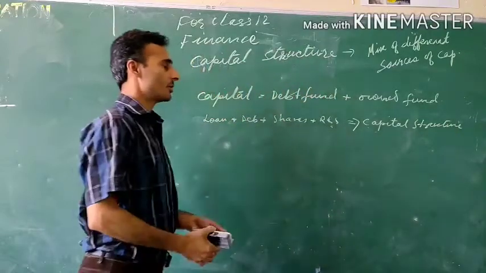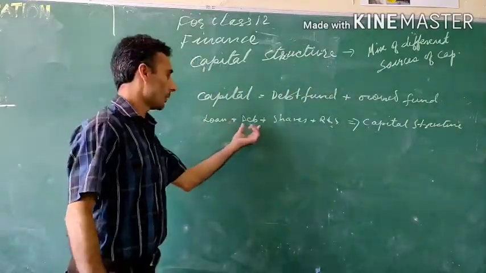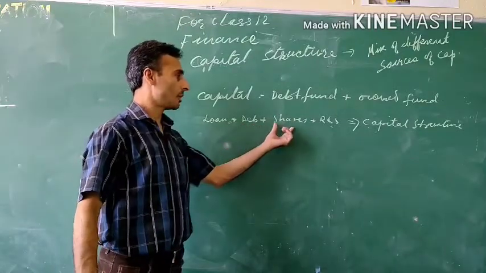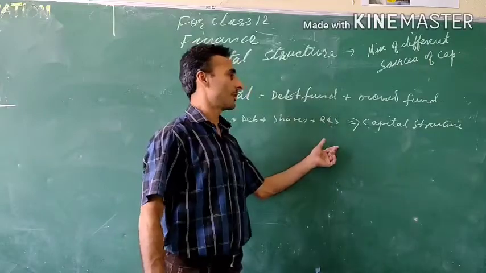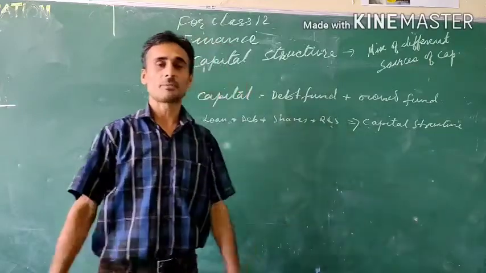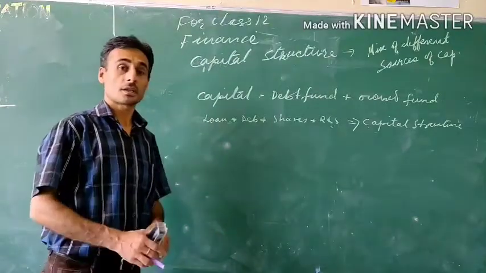So capital structure will basically tell you how much of loan, what amount of debentures, what amount of shares and what amount of reserve and surplus have been used in the total capital of the company. That's what is known as capital structure.